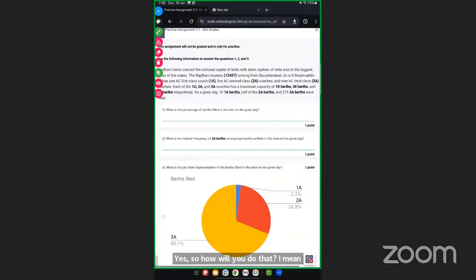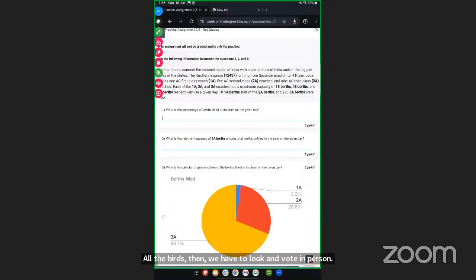How will you find the total number of berths? Berth is seat. So we have to add all the berths, then we have to convert it to percentage.